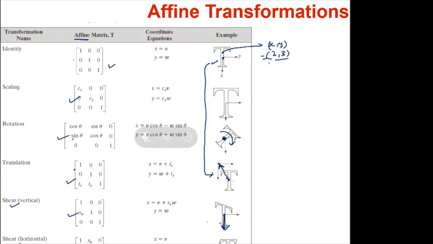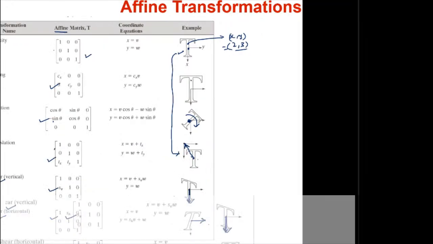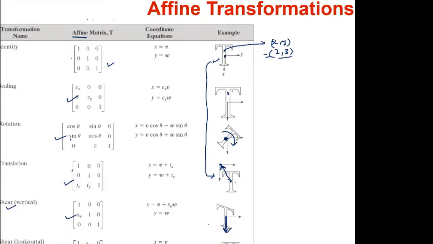Are you understanding the point? The position will not remain the same, the position will change. So what will be the new coordinates of this same point? Okay? So suppose the new coordinates are VW. They can be calculated by multiplying the old coordinates, that means 2, 3, 1.